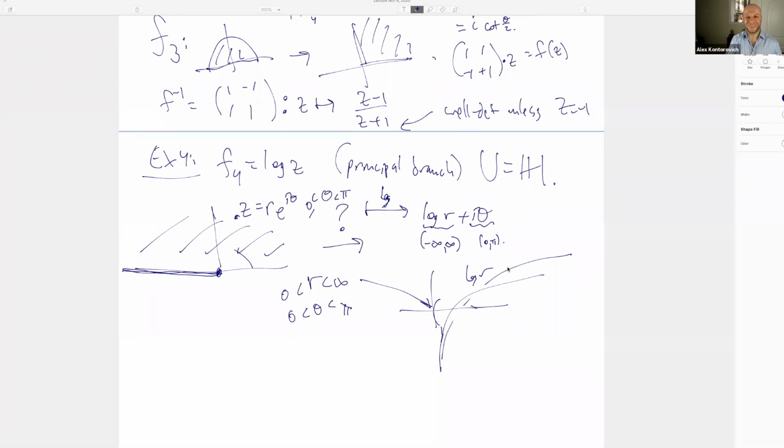Thomas got it. Yeah, Kailash got it. Okay, great. People are seeing it. Exactly. It's going to be a strip. The real part goes from minus infinity to infinity. The imaginary part goes from 0 to pi. So that's weird. It seems we're getting a strip. How in the world are we getting a strip?